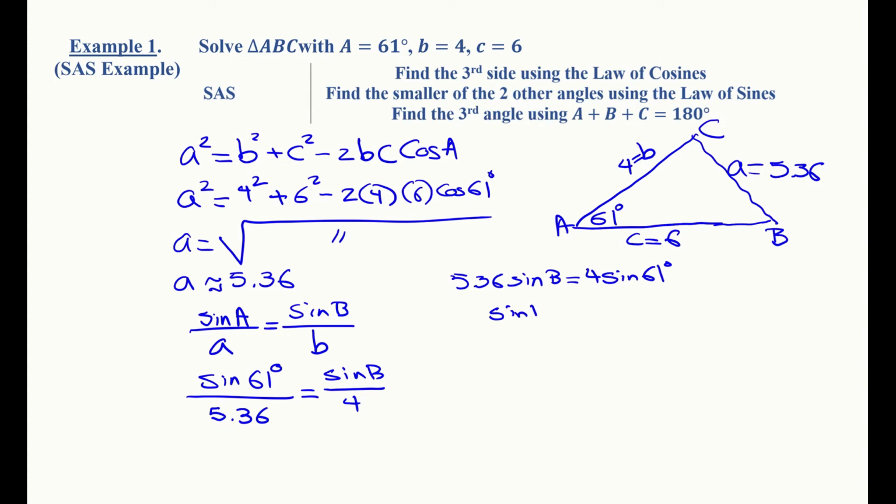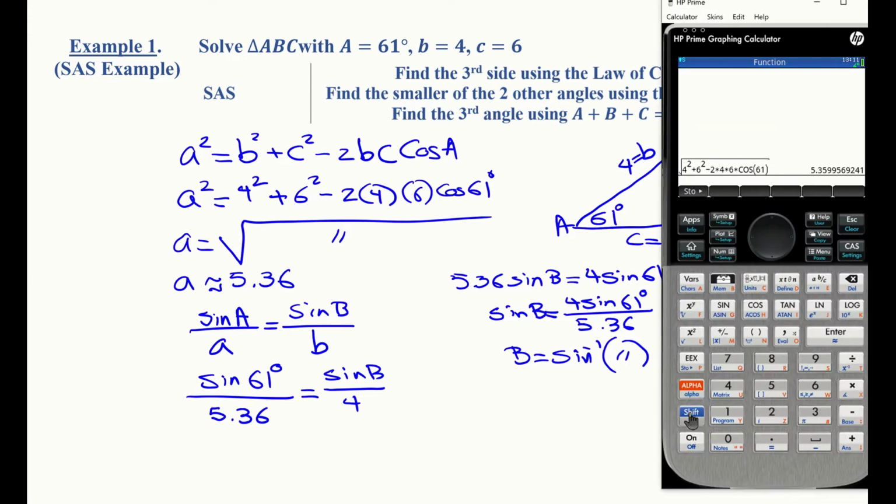So sine B equals 4 sine 61 degrees over 5.36. So B will be the inverse sine of all of that. All right, so now we'll bring the calculator back.